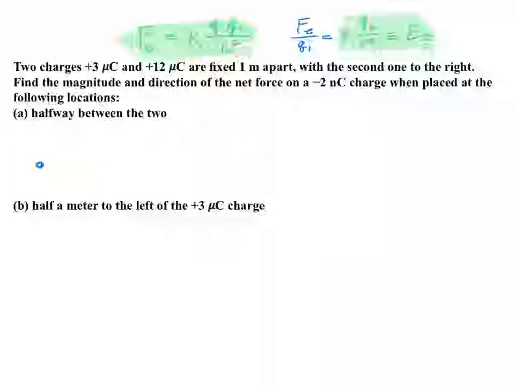So we would have a charge 1 here, and say charge 2 here, and they are 1 meter apart. So we could call this Q1, that Q2. We have a pretty picture of our situation. This is a 3 microcoulomb, and this is a 12 microcoulomb charge.